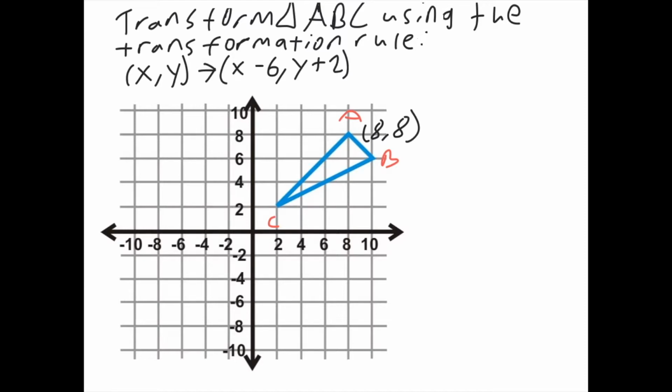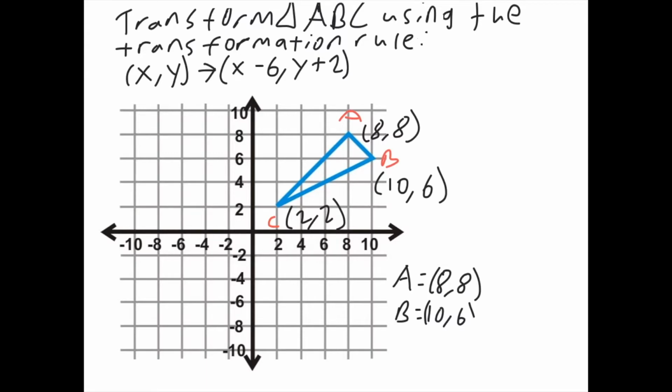Point B is currently at the point (10, 6), and C is currently at the point (2, 2). So we'll throw these down here so we can see A is the point (8, 8). B is the point (10, 6). And C is the point (2, 2). So now what we want to find is our A prime, our B prime, and our C prime, the images.